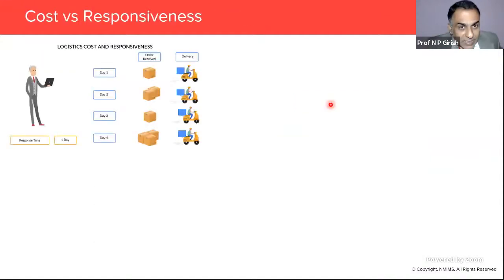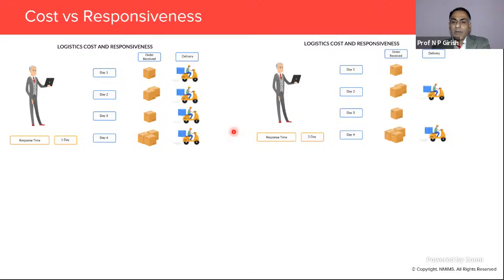See, this is an example wherein you are balancing both of them. When you're talking about a response time of one day, then you're talking about a delivery every day. When it's a delivery every day, this is more responsive, isn't it? Cost also goes up, correct? Take a look at the next one.